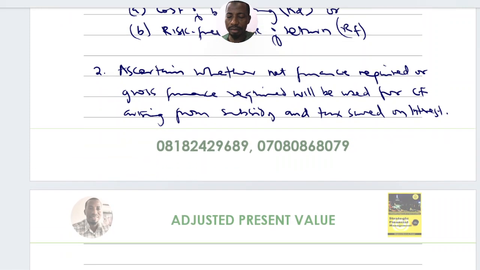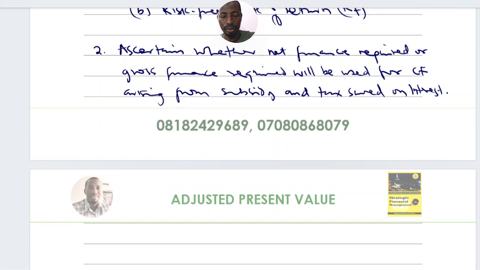Then you must determine whether you want to use net finance required or gross finance required for subsidized loan or tax saved on interest. So once you have this certain, then you can go to the main procedure for calculating adjusted present value.